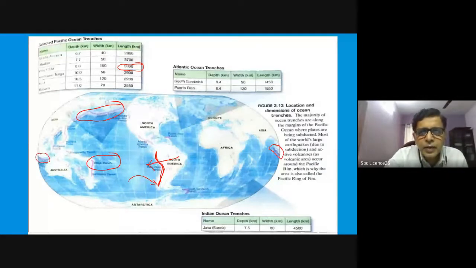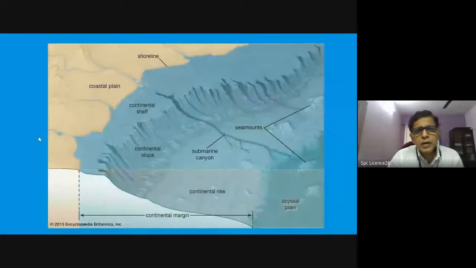As far as the Atlantic Ocean trenches are concerned, the South Sandwich Trench is here, and the Puerto Rico trench is somewhere here. So these are some of the deepest parts of the surface of this planet. And here is another view of how it would look.